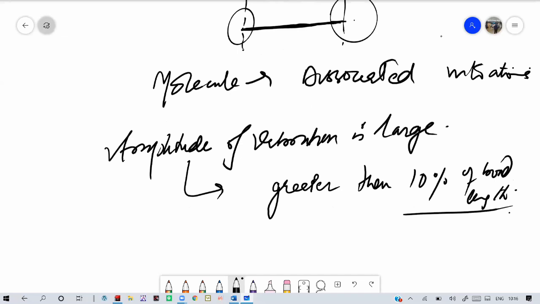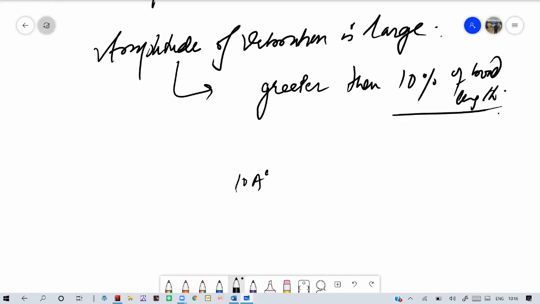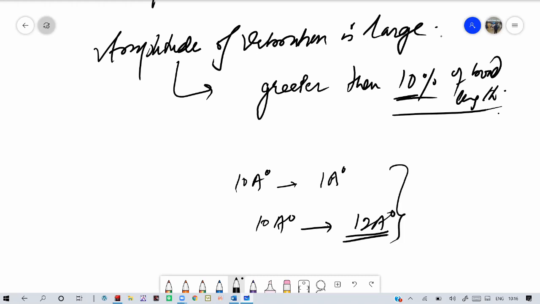So if there is a 10 angstrom bond and you stretch it by 1 angstrom, this is 10%. If you stretch it by more than this, say the equilibrium distance is 10 angstrom and you stretched it up to 12 angstrom, which is more than 10%, then you can say that the bond can break down. The bond is in an anharmonic regime.